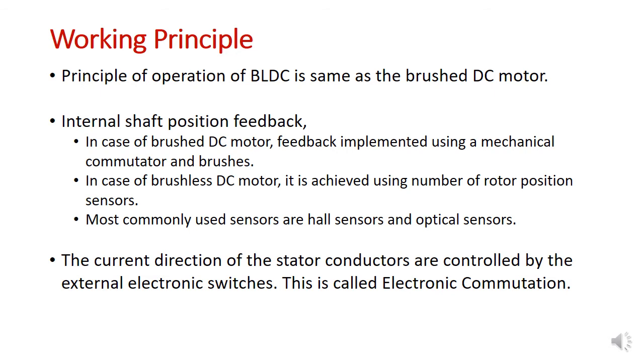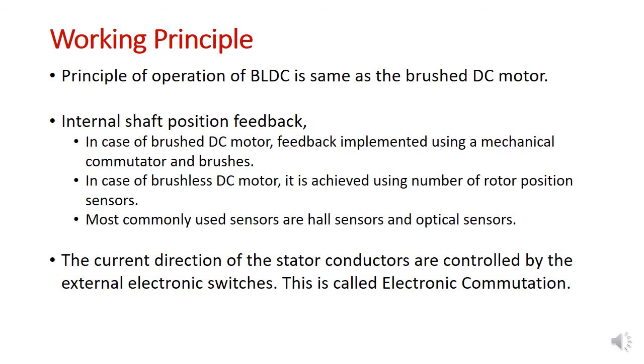Since this brushless DC motor requires the shaft position feedback, we are going for feedback by using some hall sensors or optical sensors in the stator part. We will fix the sensors in the stator part. They continuously monitor the rotor position.